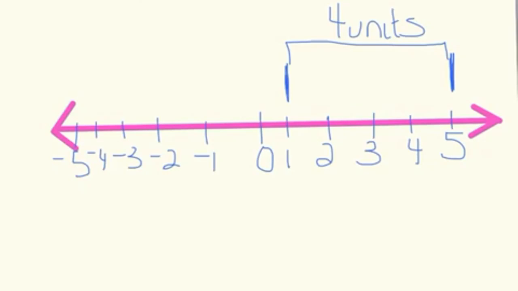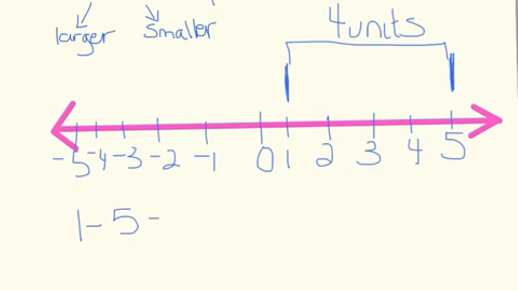Now, what you can also look at here is this number here is larger and this one is smaller. When you are taking a smaller number from a larger number, your answer is going to be positive. 5 minus 1 is equal to 4. Now what if we switch this around and we said 1 minus 5? This is still the distance between the numbers 1 and 5.